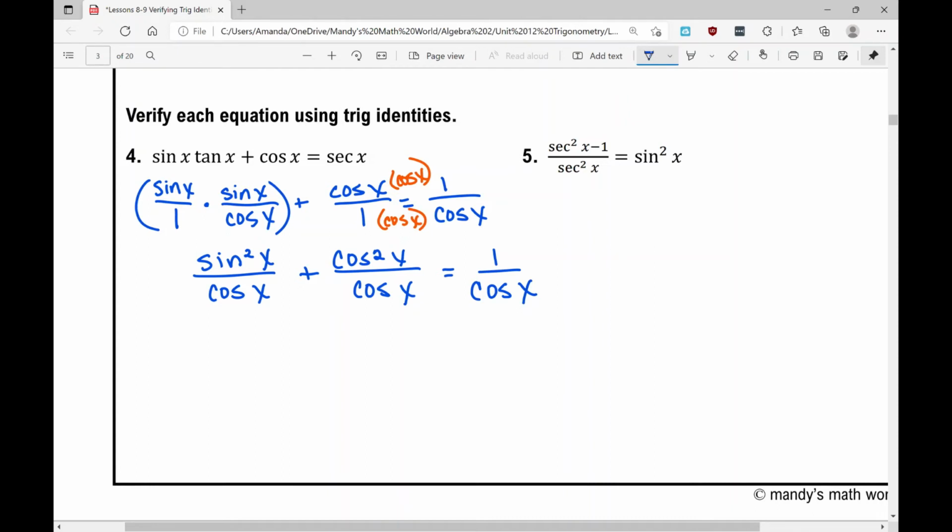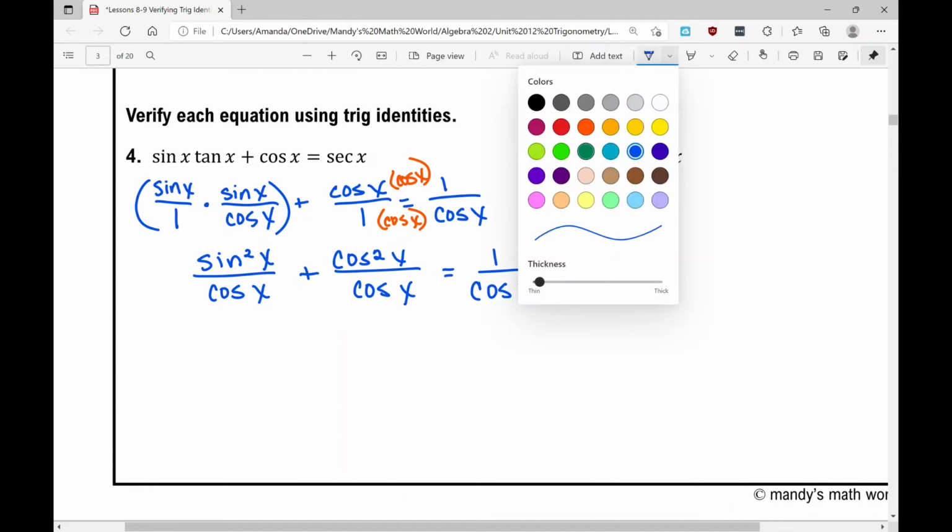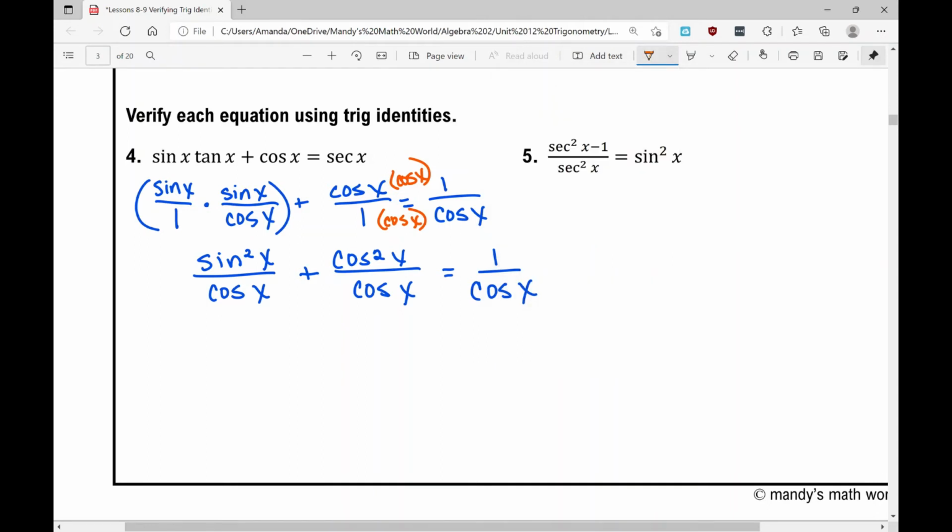Now let's see. Why don't you pause the video and see if you can find how we could rewrite that numerator. And if you want, I'll write it like this: sine squared x plus cosine squared x over cosine x equals 1 over cosine x. Could I rewrite it like that? Well, sure, right?